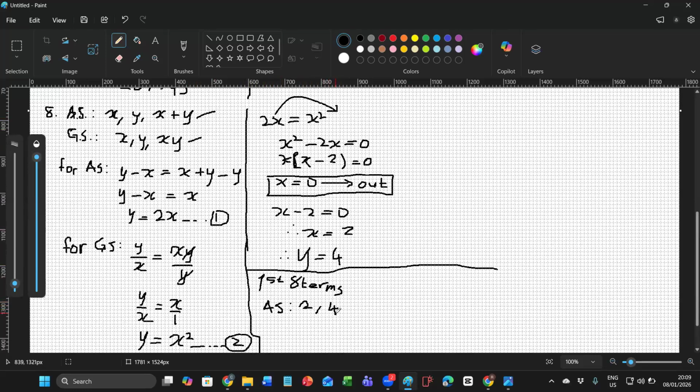Remember, it's an arithmetic sequence, so it even gives itself away.